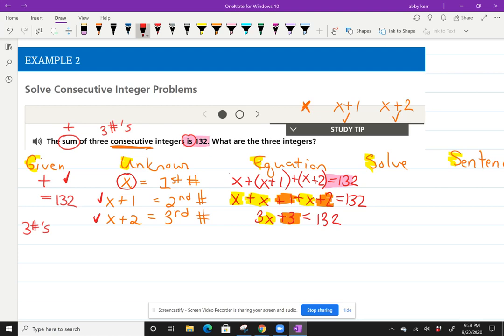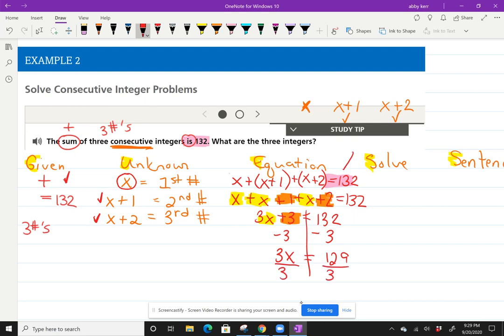And now it becomes a 2-step problem, just like we did last week. So we're going to draw the wall, minus 3 on both sides. We're going to get 129, drop down the 3x, divide by 3, divide by 3.